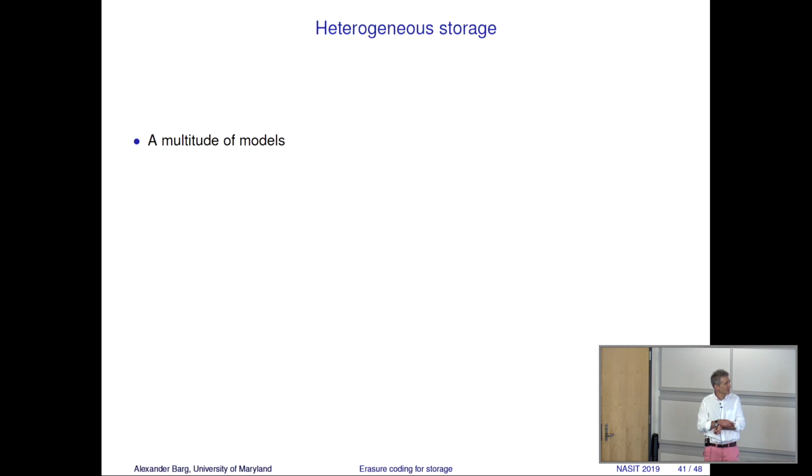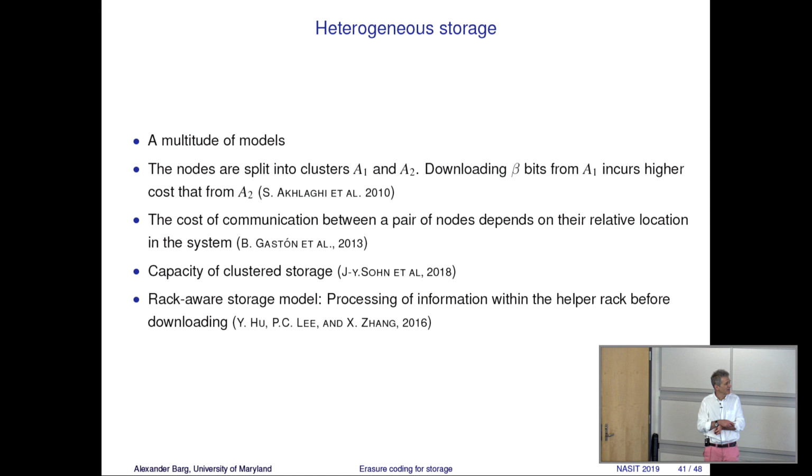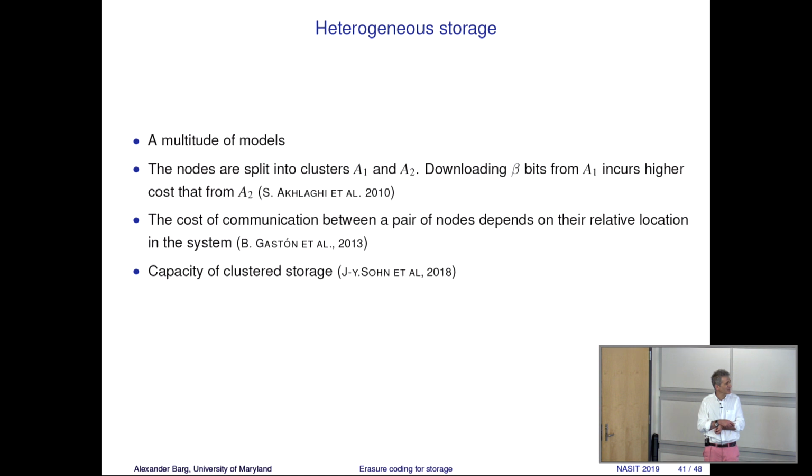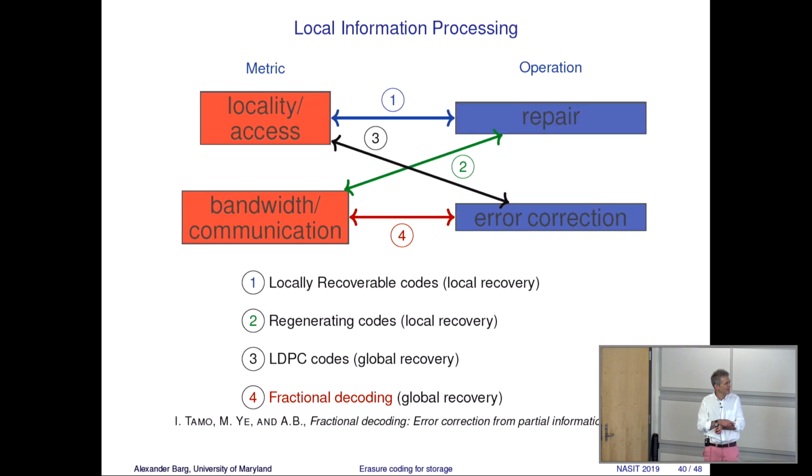Let me see what else I have. Heterogeneous storage. Heterogeneous is also interesting. You see, you start along these lines, questions mushroom. So let us summarize what we said so far. There is local information processing.